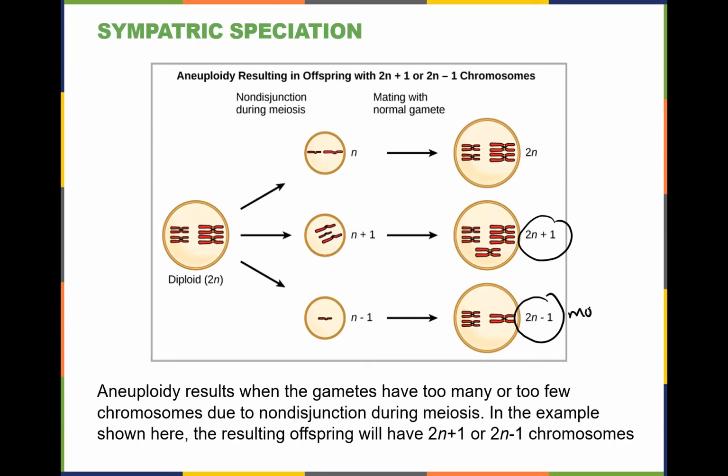So this is the monosomy individual, this is the trisomy organism, and this is the normal organism. But in plants, this trisomy and monosomy become their own species when they grow and produce a new generation. Okay, this is an example of aneuploidy.